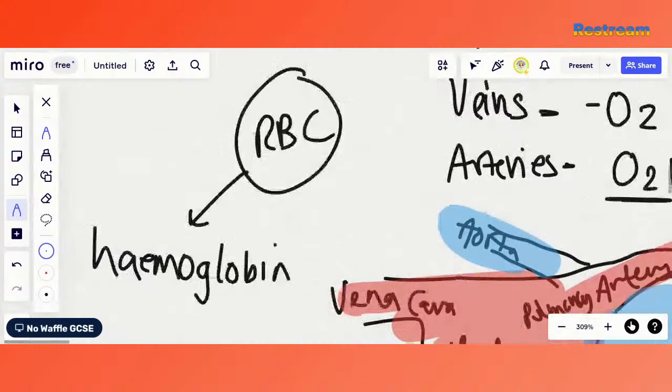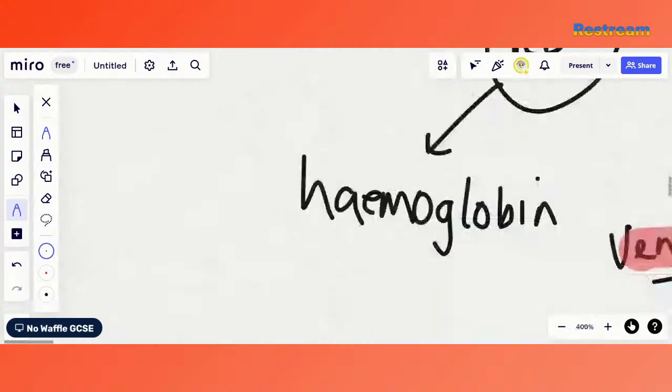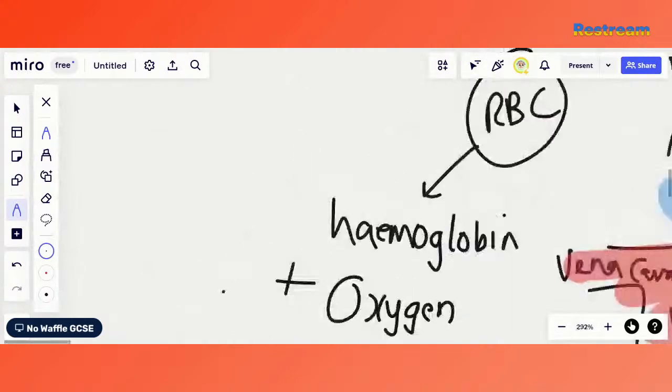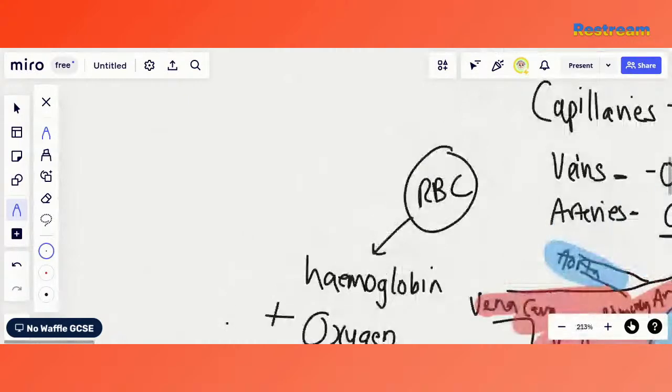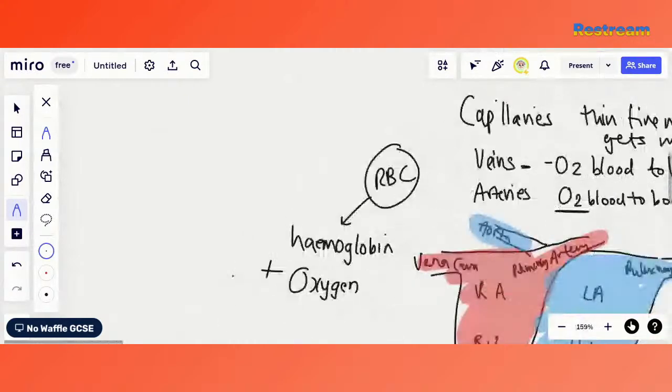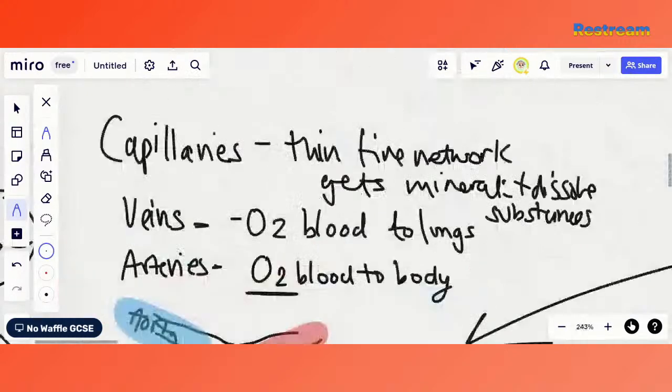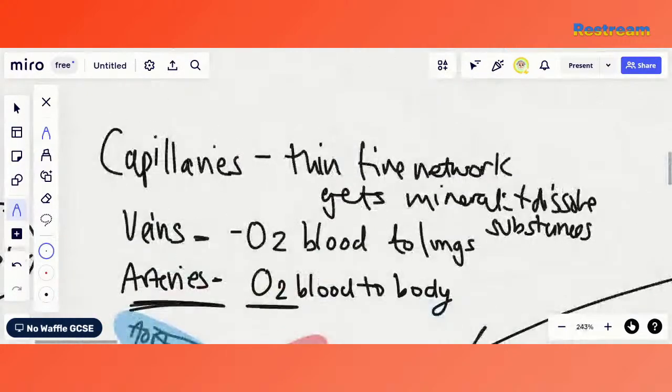And what hemoglobin does is it combines with oxygen to form oxyhemoglobin. So the oxygenated blood is therefore heavier because it has this new combined chemical. So as we've discussed, the oxygenated blood is heavier, so arteries have more pressure to deal with.